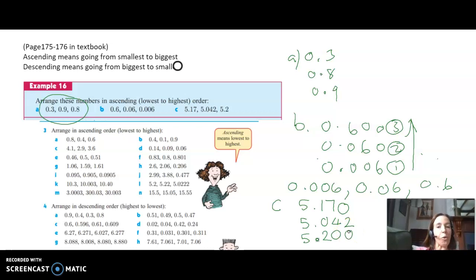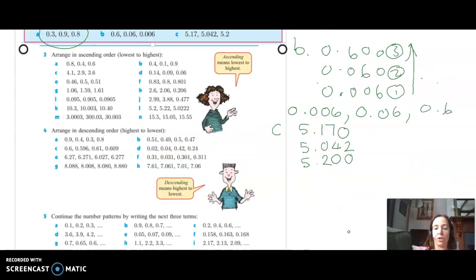Sometimes we put a little 4 or something else in there, and then you need to consider that as well. Because they're all 5, we just need to look at this next little bit. I can see that 42 is smaller than 172, and then 170 is smaller than 200. So this is the smallest, then that one, and then that one.